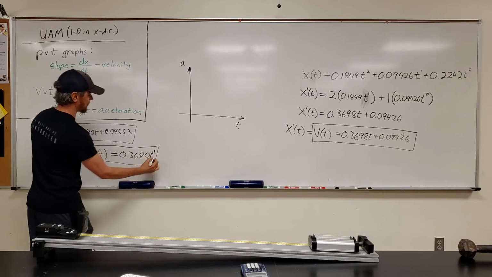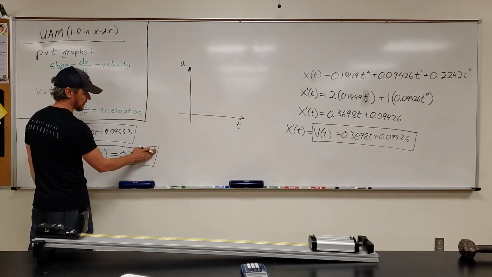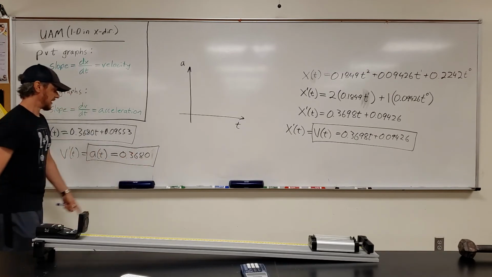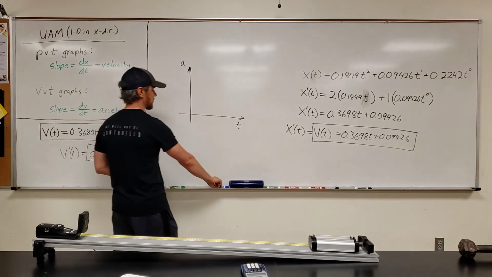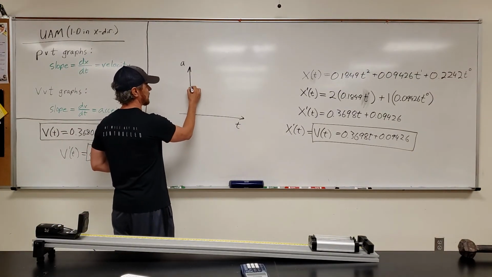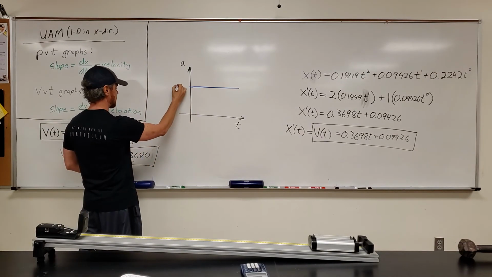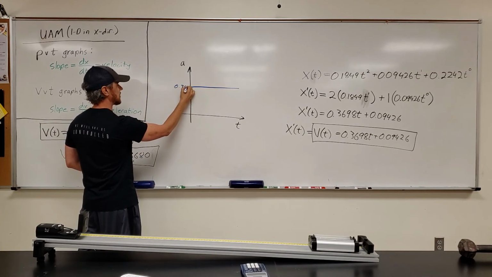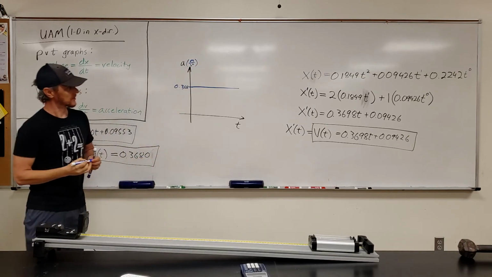Technically it's t to the 0 power because I subtract 1 from the exponent, but t to the 0 power is just 1. And so my acceleration is what I expect. It is a constant number. And so if I was to plot that on my acceleration versus time graph, it would be a horizontal line, and the y-intercept would be at that value, 0.368, in meters per second squared for our acceleration value.